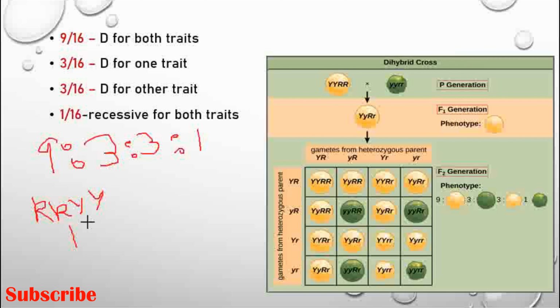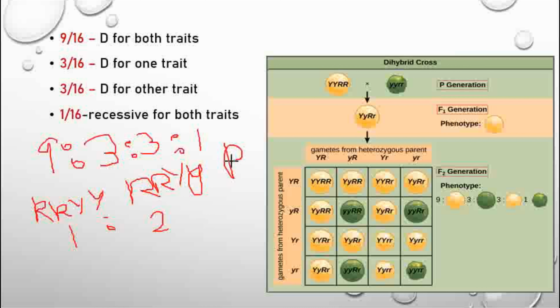And next genotype. 9 are round yellow, right? But the genotype differs. So that genotype difference is what we are seeing now. In this 9, the phenotype is the same but the genotype is different, right? Capital R, capital Y, small y, how many? It's 2. In the same way, the next genotype capital R, small r, capital Y, it's 2.